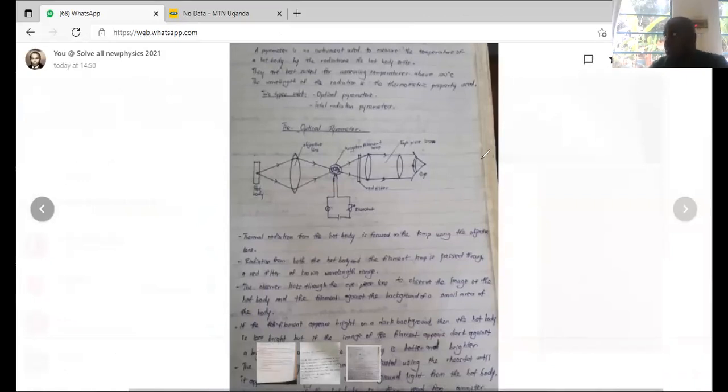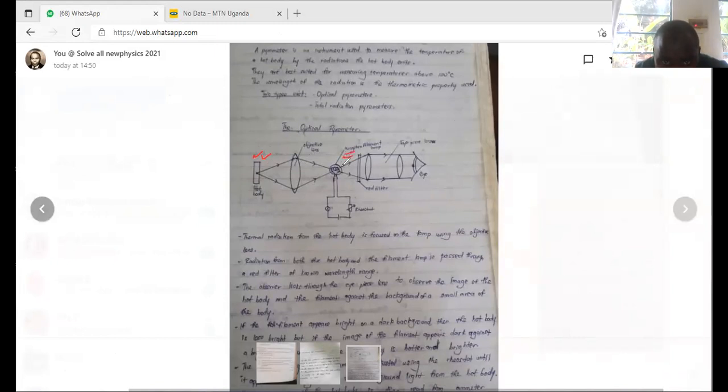So here is what an optical pyrometer looks like. The other, the total radiation pyrometer, we shall see later. Now, it is made of, for example, this is the source of the heat. The hot body is right here. So radiation is focused onto an objective lens, which focuses the beam of radiation. And then it is going to be absorbed by this tungsten filament.